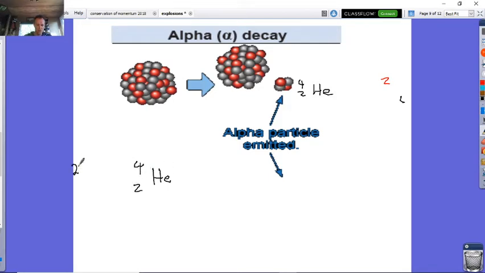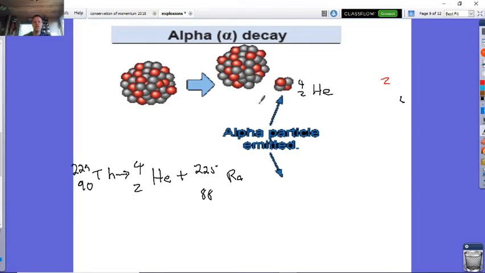You can have 229, 90, which is thorium. When it decays, you get an alpha particle, and also your 225 radium, and that's going to be 88, because 225 plus 4 makes 229, and 88 plus 2 equals 90. Remember the conservation here of the number of nucleons, i.e. number of protons and neutrons.